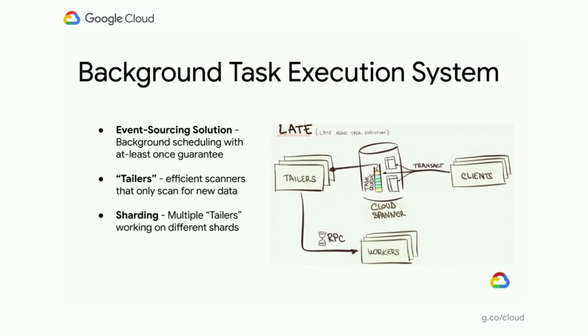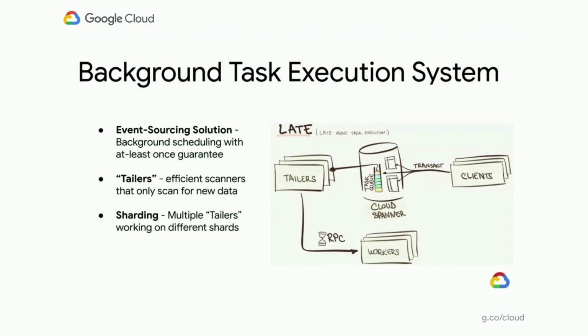Moreover, these tasks also needed to have a timer property where they can be scheduled to execute at some time in future, or they can be scheduled to execute tasks periodically. To build such a system, we introduced a task table where we can store all the registered tasks. We then built an efficient scanner, also known as tailers, that scans through this table and schedules them in memory for execution.